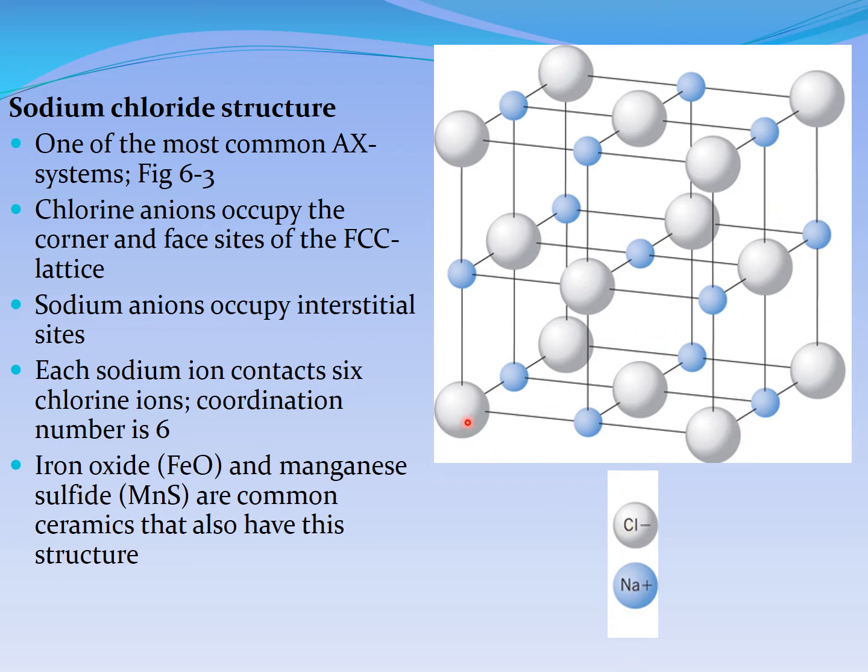So one thing is they are all corner atoms, right? The previous one was body centered. This is face centered. So all the corner ones are there, and then the chlorine is there face centered also. So all the white ones or the gray ones, whatever you call them, are chlorides.